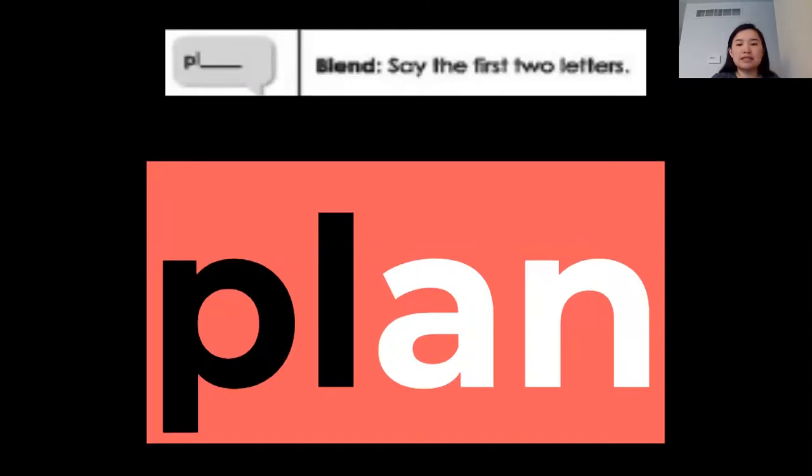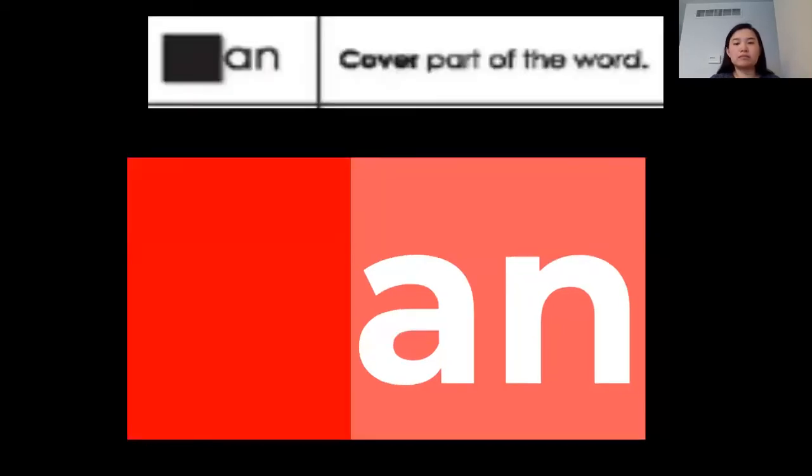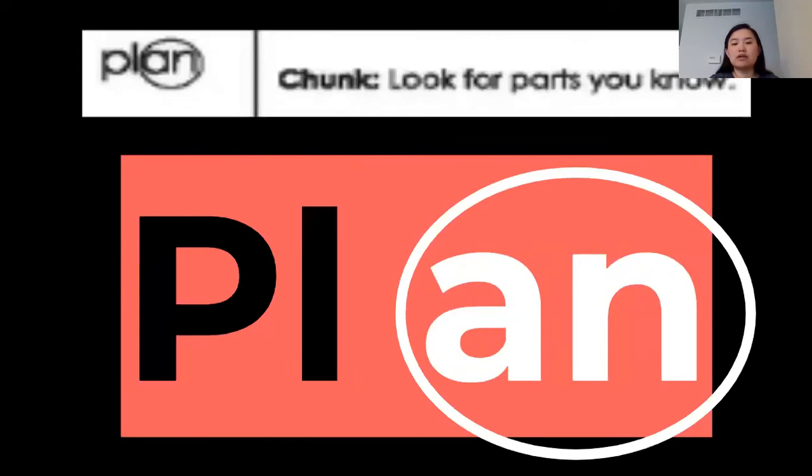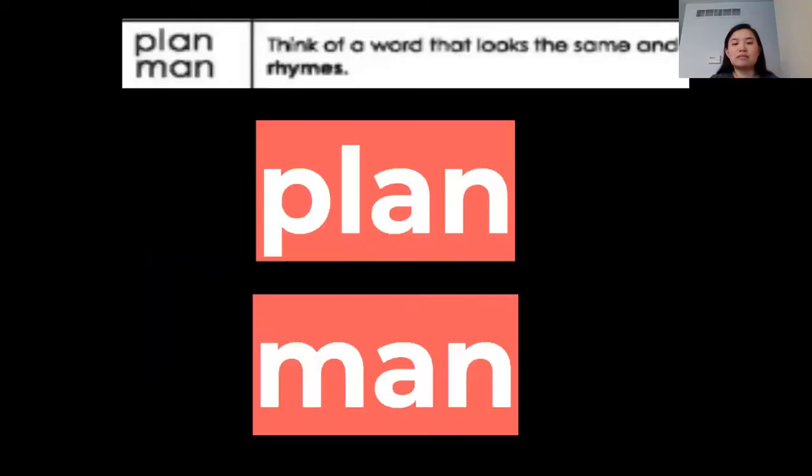Now we are going to blend. Say the first 2 letters. P and L make pl. Cover part of the word. Chunk and look for parts you know. A-N. We know that's an. Think of a word that looks the same and rhymes. Man, man.